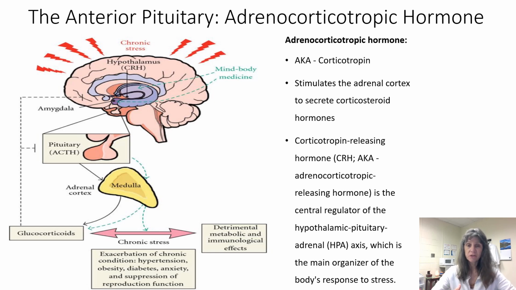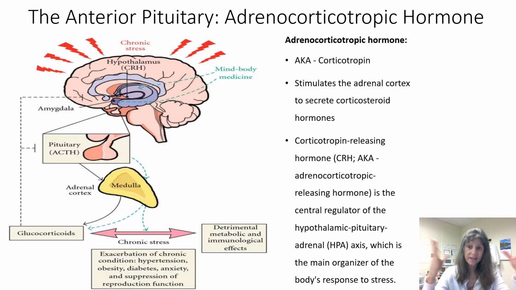As we keep going through these hormones, I really want you to get it in your head that the hypothalamus is going to be responsible for either producing and secreting releasing or inhibiting hormones. So whenever you think of what the hypothalamus does, release or inhibit, then it's going to go to the anterior pituitary, since we're not talking about the neurohypophysis right now.